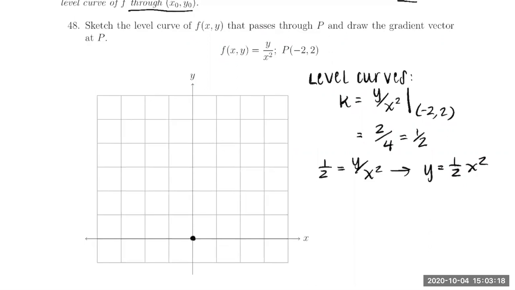If I plug in x equals plus or minus 1, I'm getting out 1/2. If I plug in plus or minus 2, I'm getting out 2. And if I plug in plus or minus 3, I'm getting out 9/2 or 4.5. All right, so go ahead and sketch in that parabola.